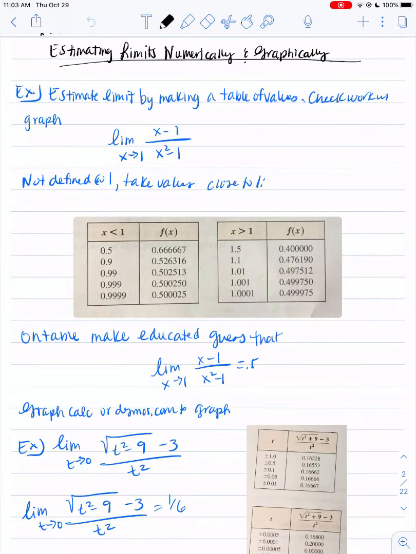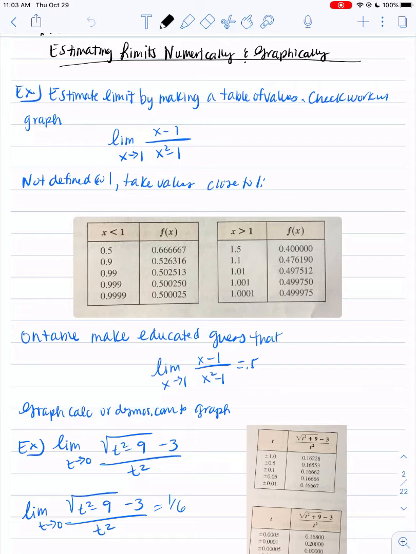Alright, so now we're going to estimate limits numerically and graphically. We're going to estimate the limit by taking a table of values, and then we're going to go ahead and check our work with a graph. So I have the limit as x approaches 1 of x minus 1 over x squared minus 1.